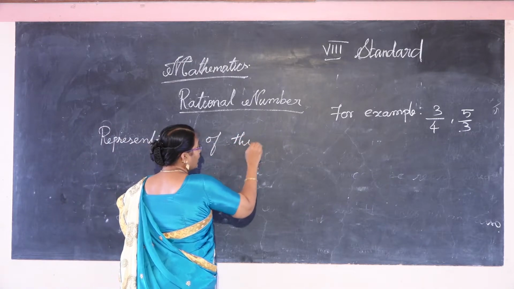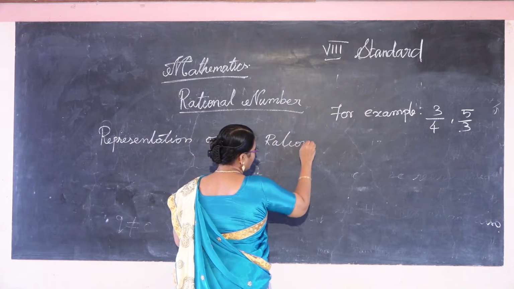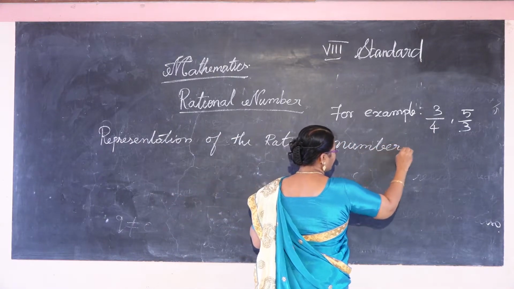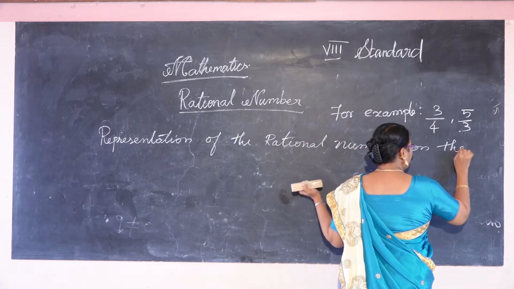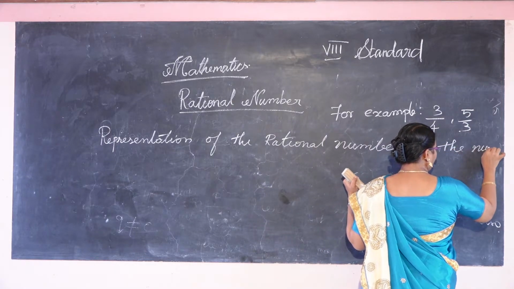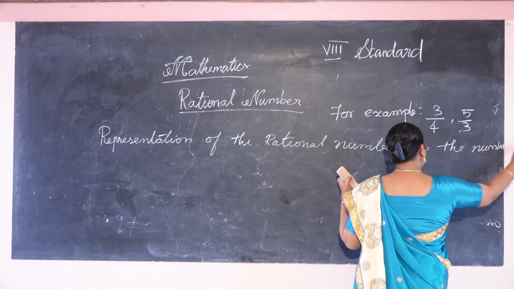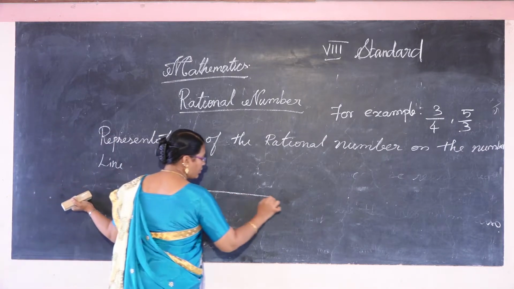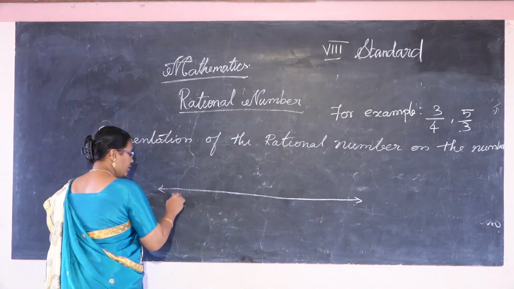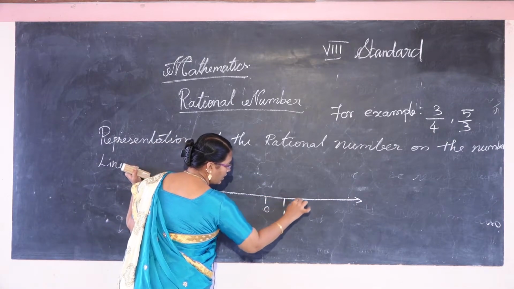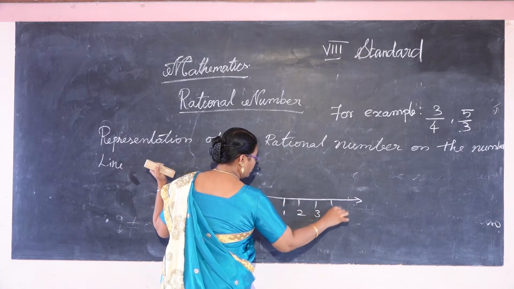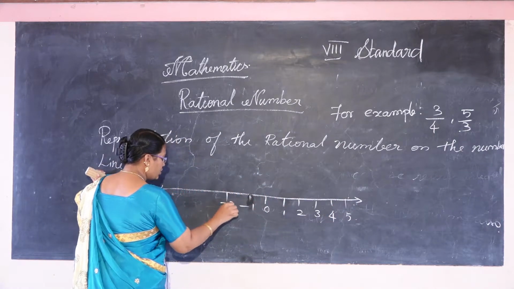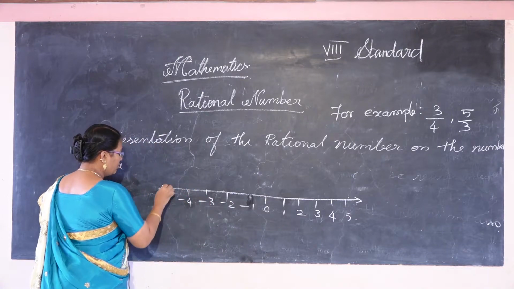Representation of a rational number on the number line. How do you draw it? First draw the number line: 0, 1, 2, 3, 4, 5, and this side -1, -2, -3, -4, -5.